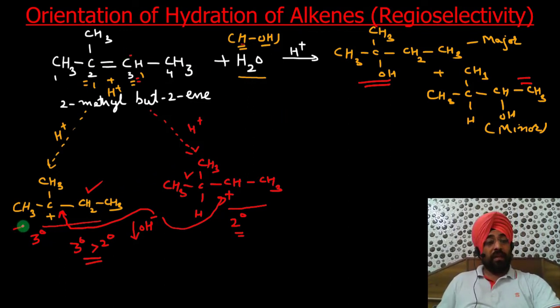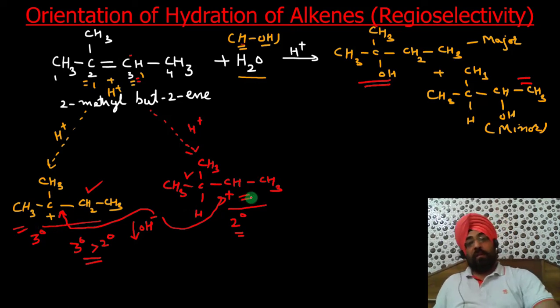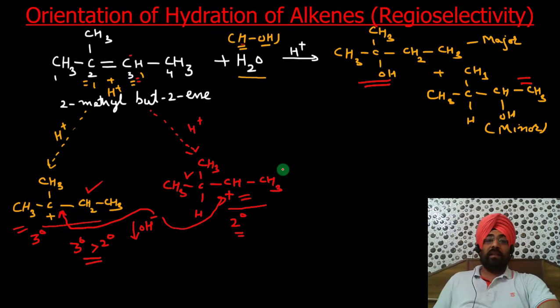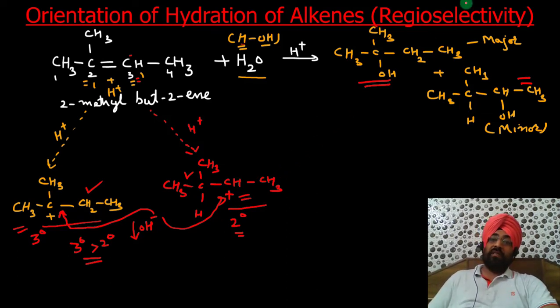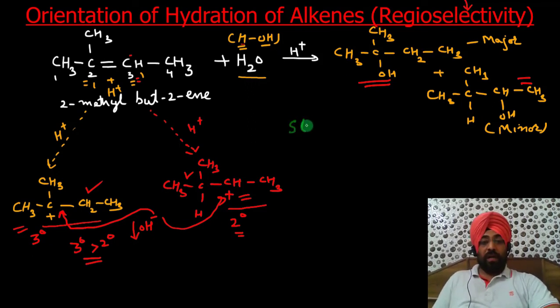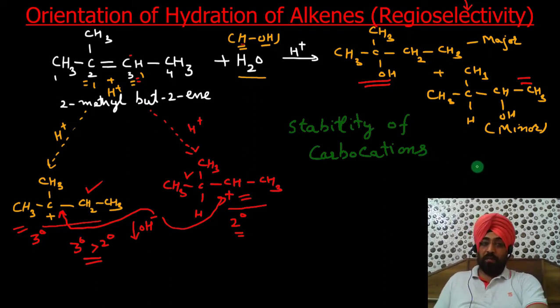Because of the stability of the resulting carbocation formed. That is the reason behind this regioselectivity. So regioselectivity is determined with the help of stability of carbocations. It is very important: the stability of carbocations determines which product will be the major product and which will be the minor product.